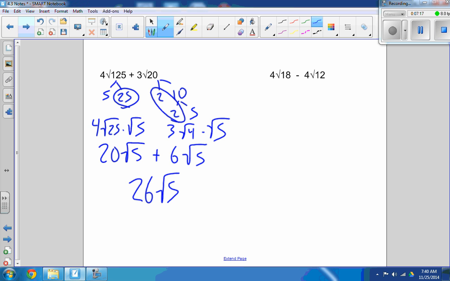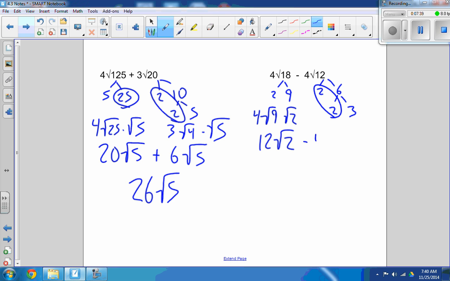Now let's do these problems. 4 square root of 18 minus 4 square root of 12. So let's reduce. 2, 9. So 4 square root of 9 times square root of 2. 4 times 3 is 12 square root of 2. All right, 12, that's 2 and 6, 2 and 3.